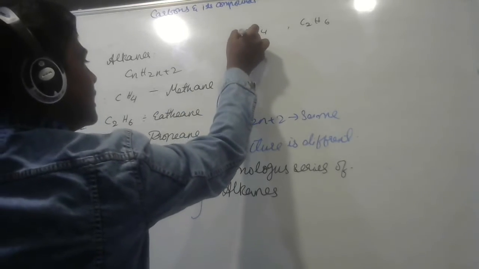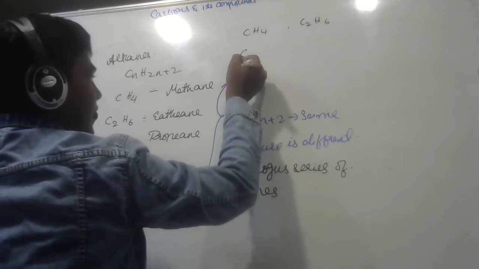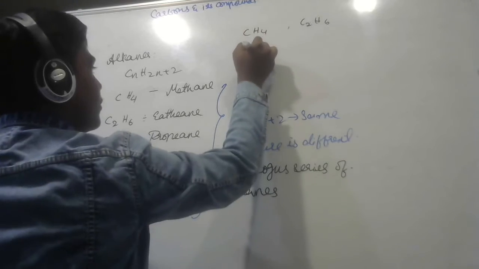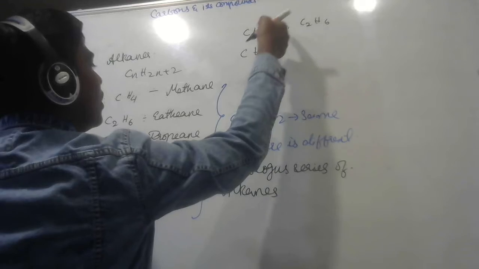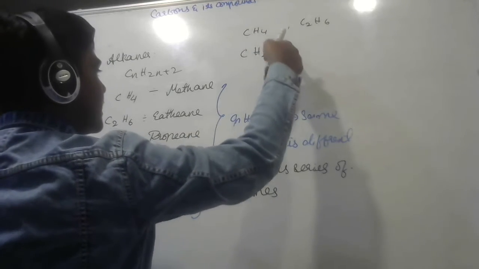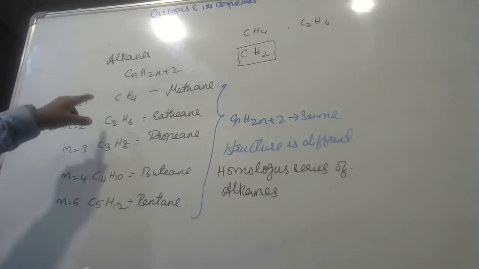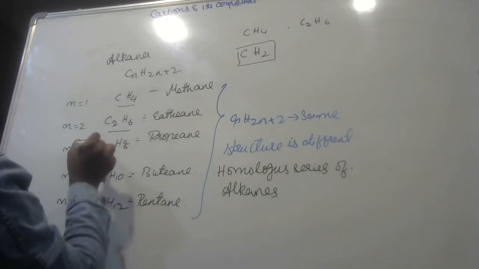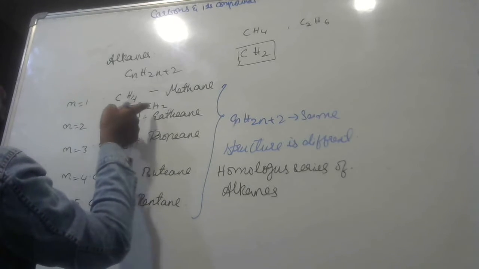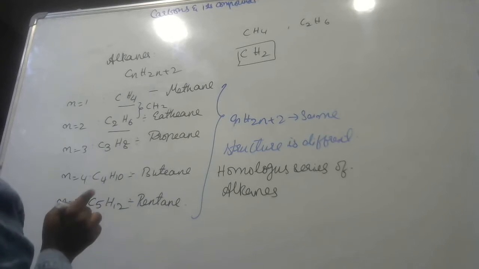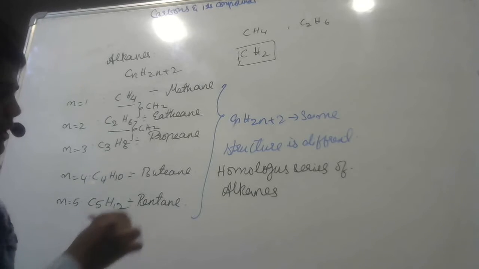Subtracting, C2 minus C gives C, and H6 minus H4 gives H2. This means the difference between two consecutive homologs in a homologous series is CH2. If you add CH2 to CH4, we get C2H6. Similarly, between these two, we have a difference of CH2.